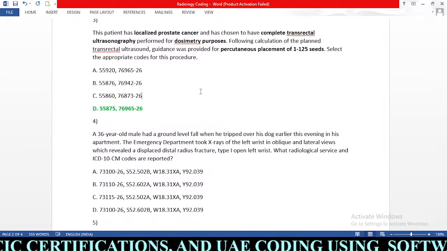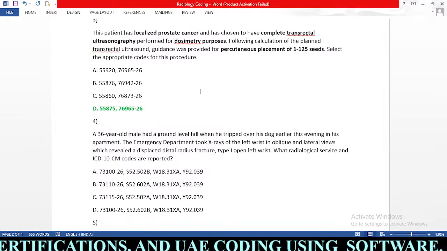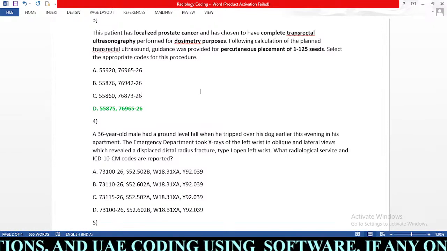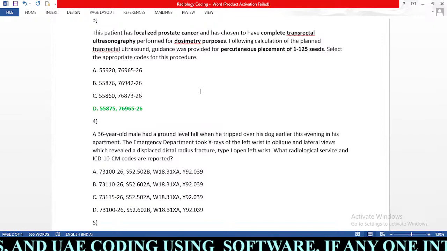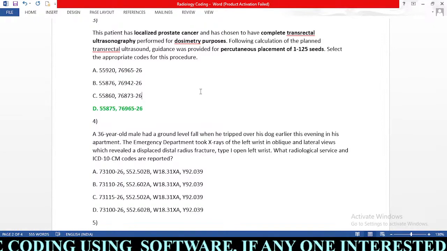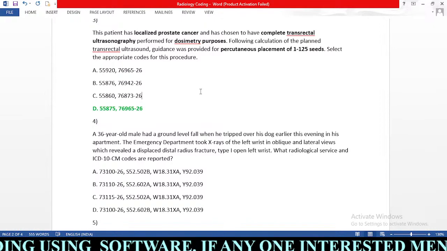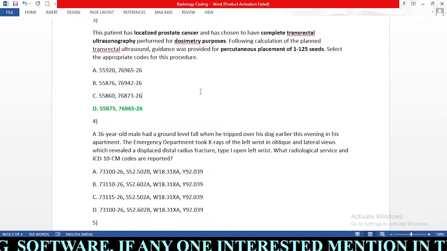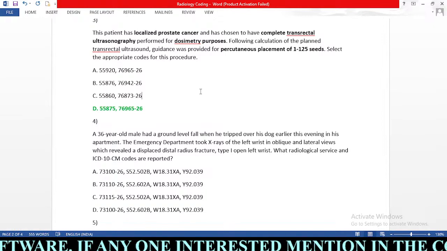So whatever it is, just write in the chat box so that you will get the confidence. No need to worry about the answer. So we will discuss now.